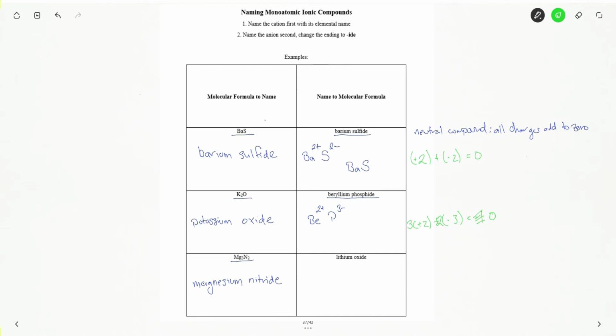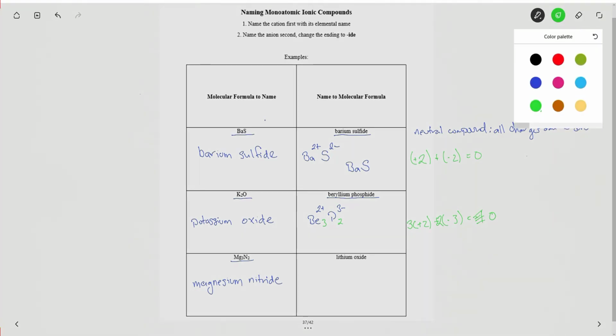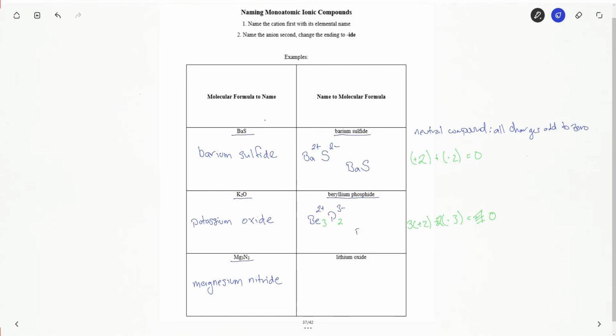Therefore, I must have 3 berylliums, 2 phosphorus, but let me rewrite that without the charges and in one single color. This is simply going to be Be3, P2. Notice I have used subscripts to explain to the reader how many of each atom I have.